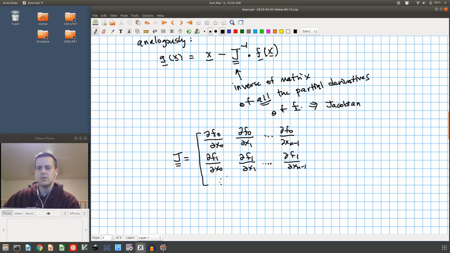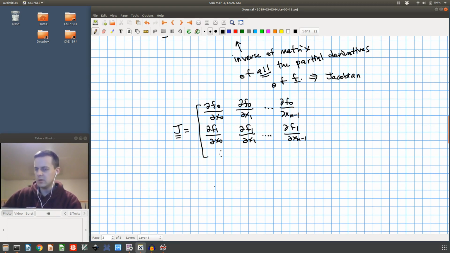And then this continues for all the equations down to, let me scroll down a little bit so I don't hurt my wrist writing down on the pad there, df n minus 1 dx0, df n minus 1 dx1, all the way to df n minus 1 dx n minus 1.